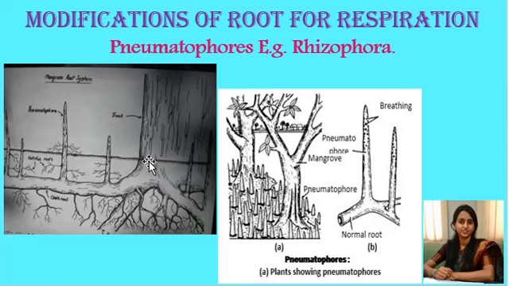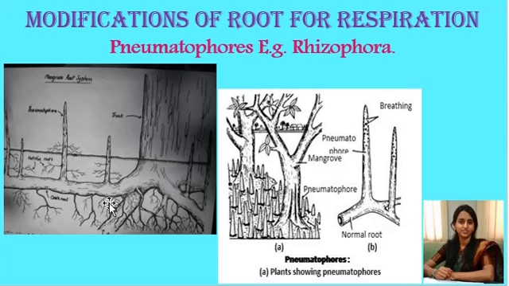The Rhizophora are plants which grow in swampy areas or estuaries. What is an estuary? An estuary is a place where the river meets the sea. In this area, the salt concentration is more than the river water and less than the sea water. Okay.